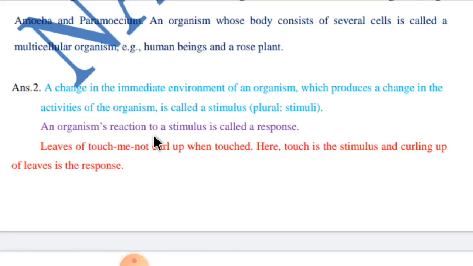An organism's reaction to a stimulus is called a response.